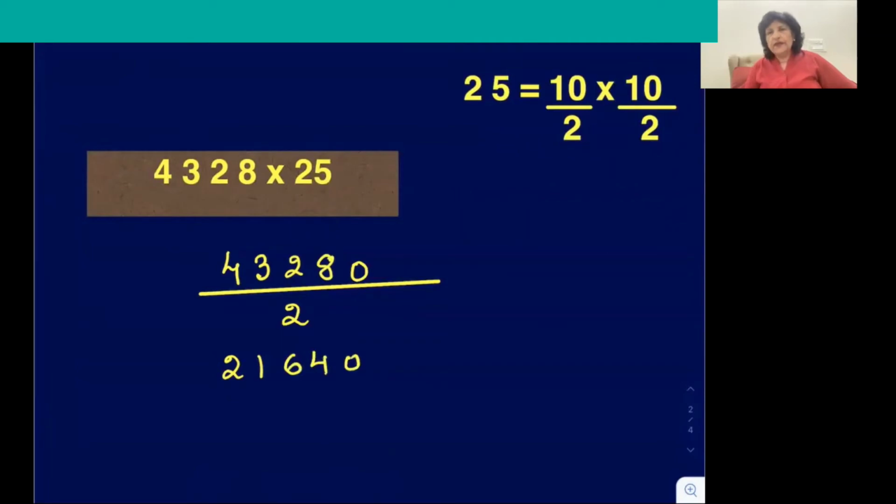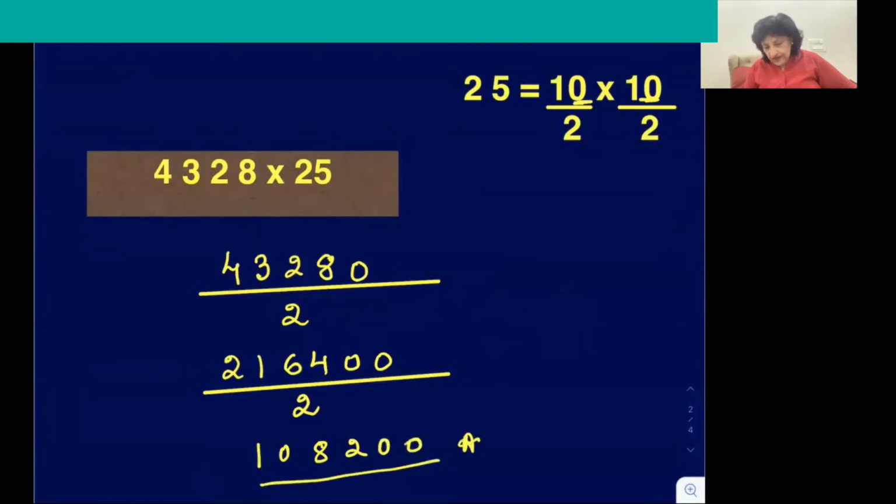Now we repeat the first two steps. We join one more 0 because actually we have to multiply by 100. So we attach one more 0 and the step 2, whatever we get in this step, we divide it again by 2. And it will be 1, 0, 8, 2, 0, 0.